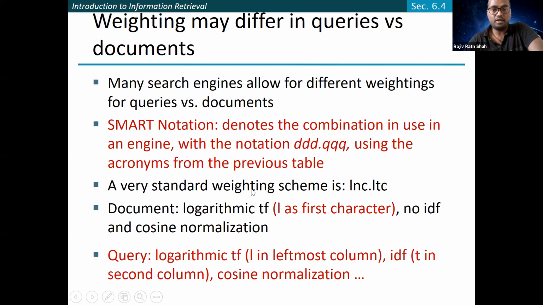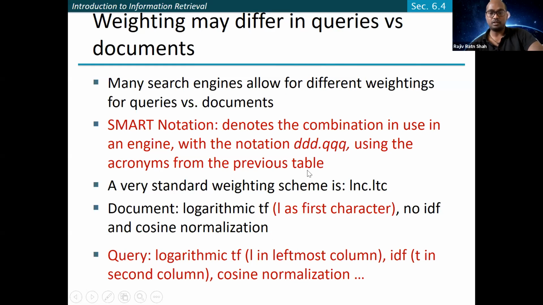A very standard weighting scheme is LNC. For the document, L is the logarithm of the term frequency, N means no IDF, and C is the cosine normalization.